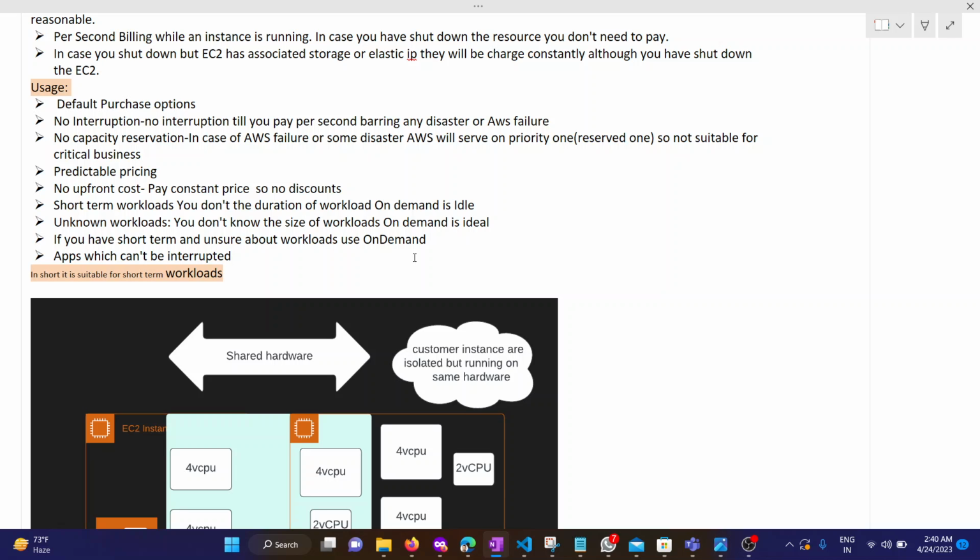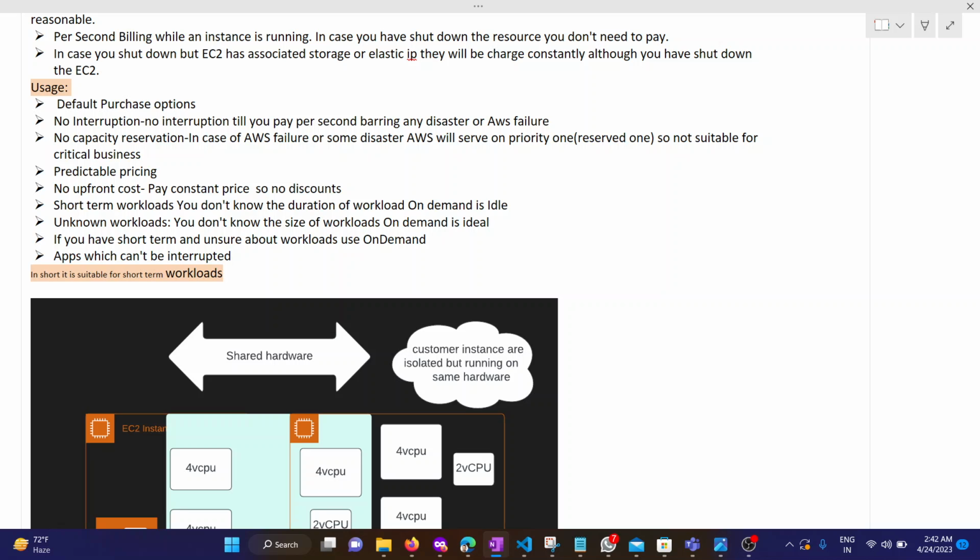Another point, predictable pricing. They are charged constantly, with no upfront cost, no discount. You will use and there is a constant price for them. So if your client is asking, I need an instance which is at a reasonable price and will not be interrupted, will not be terminated anytime, you can consider this.